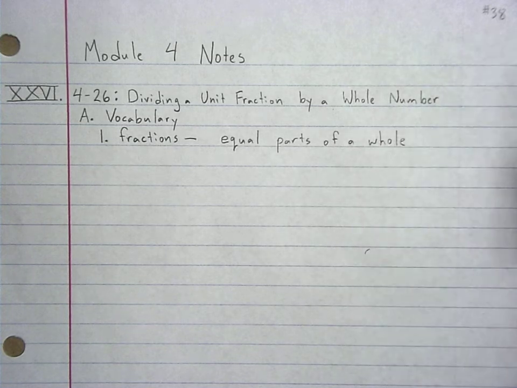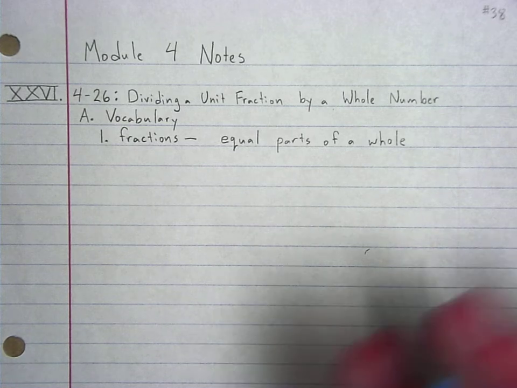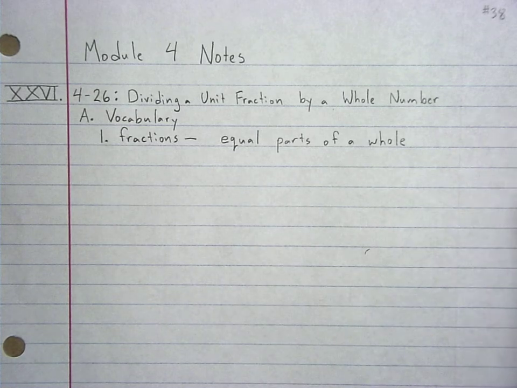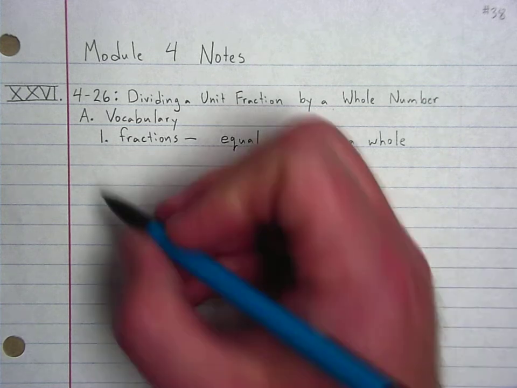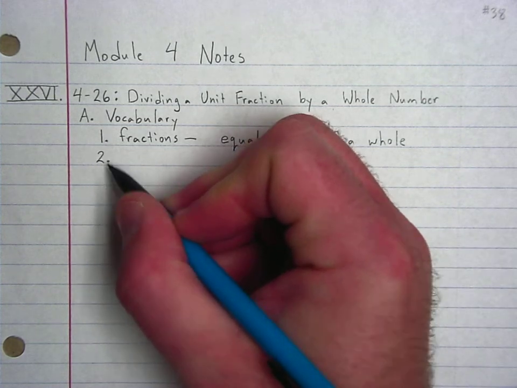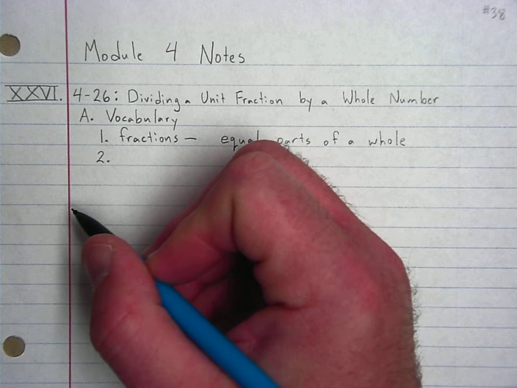If I split something into thirds, then all of those pieces, 1/3, 1/3, 1/3, they are equal to each other. Each one is identical. They're triplets. If I break something into sevenths, every one of those pieces, 1/7, 1/7, 1/7, they're all the same.